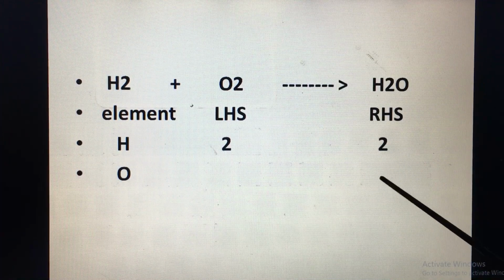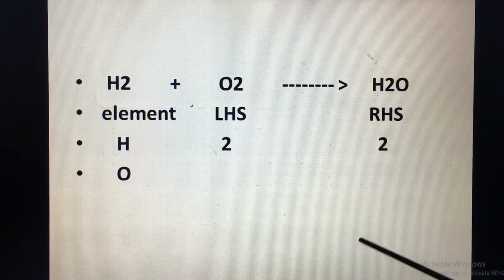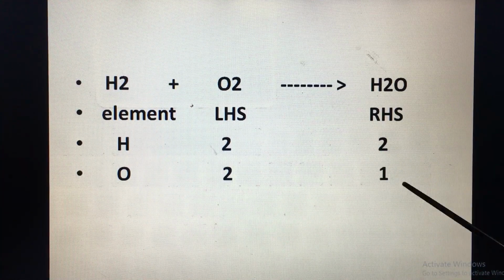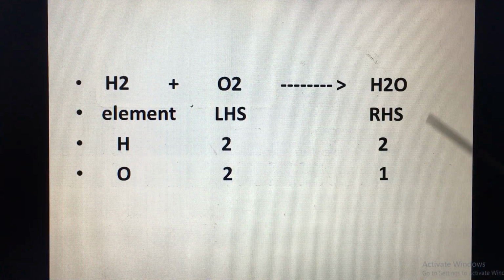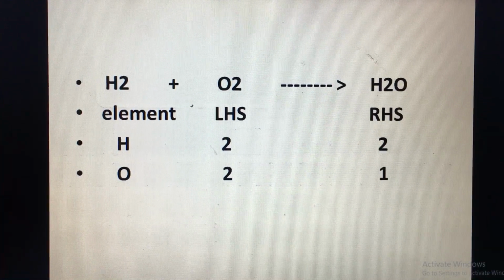And how many oxygen atoms are on the left side? It is 2. And the right side, that is 1. So, can you see this equation is not balanced? The number of oxygen atoms on the left and right are not the same. So hydrogen is balanced but not oxygen.